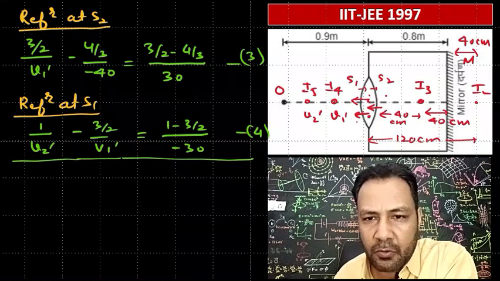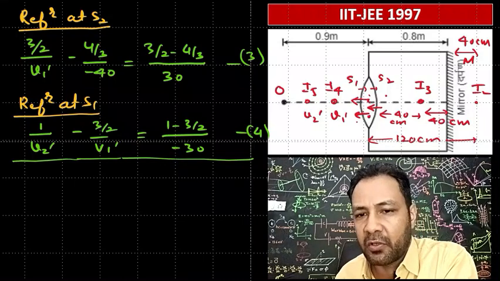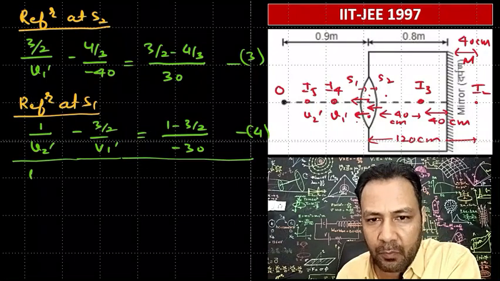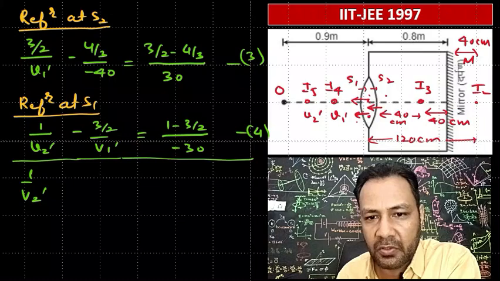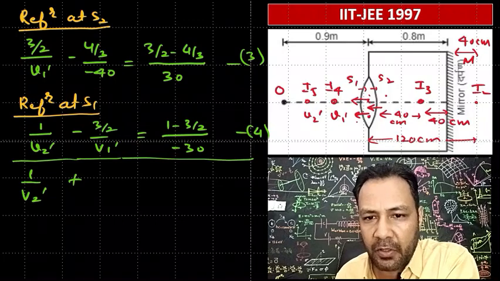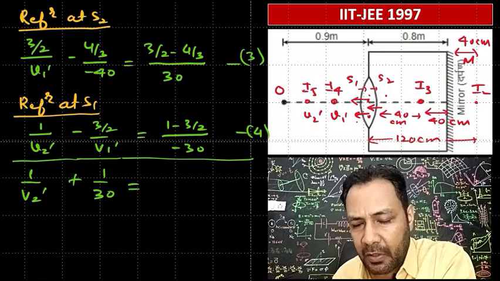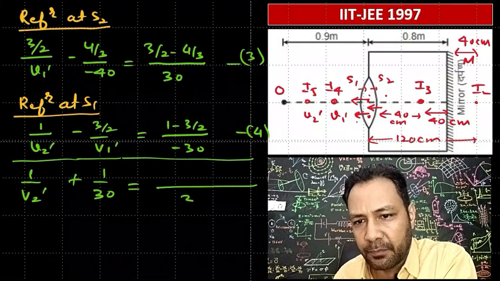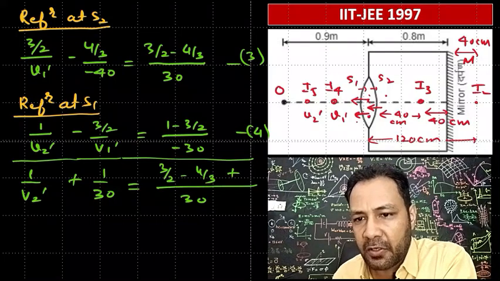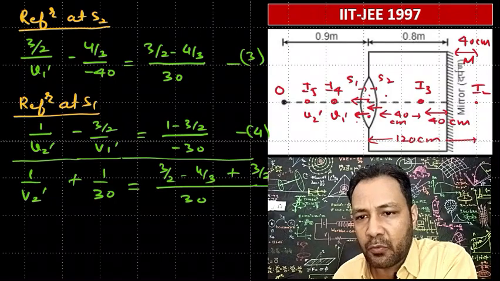So adding these two equations, once again 3 by 2 V1 dash minus 3 by 2 V1 dash will add up to 0. So what I will get is minus 1 by V2 dash, which is the x coordinate of the final image, plus 1 by 30 plus 1 by 30, and from the RHS I will take 30 LCM. So here 3 by 2 minus 4 by 3, and this is minus, so I will just change the sign of the numerator, that will be 3 by 2 minus 1.